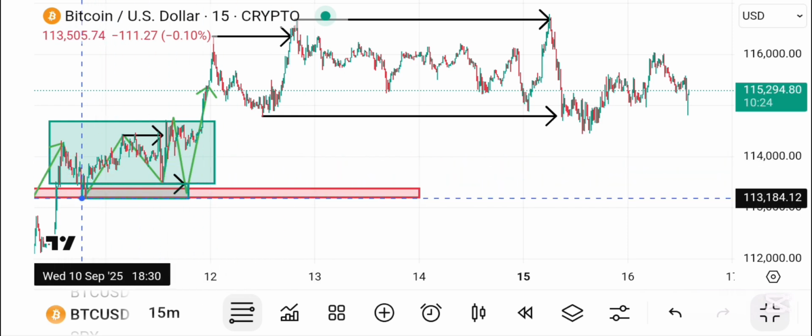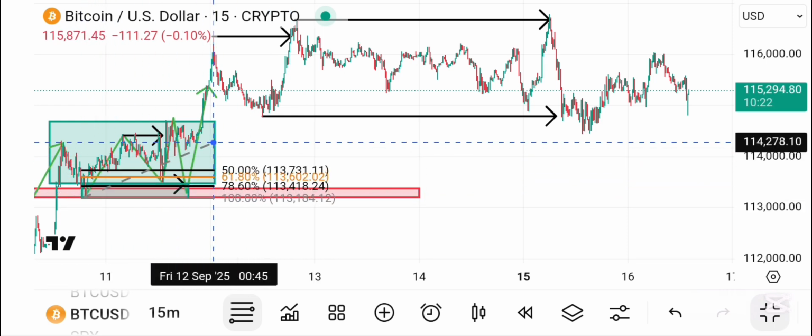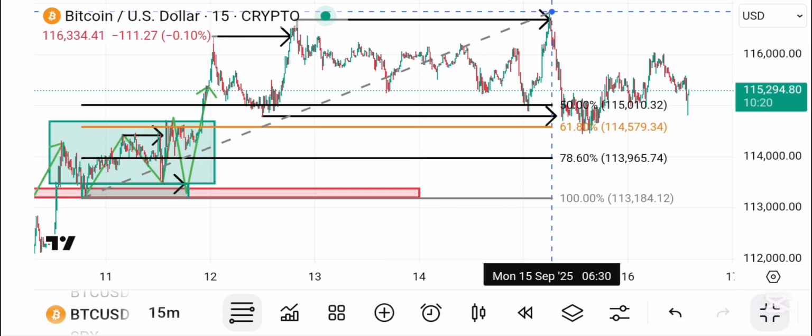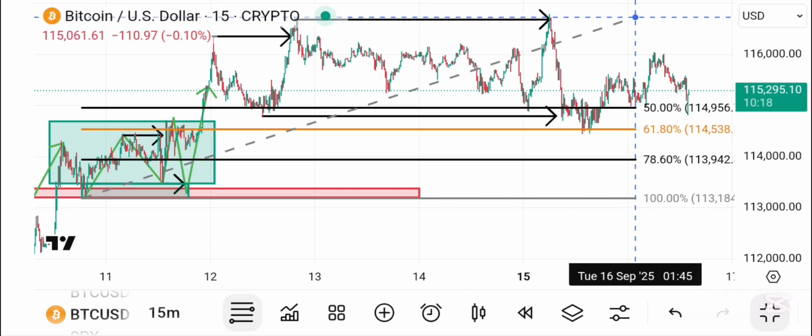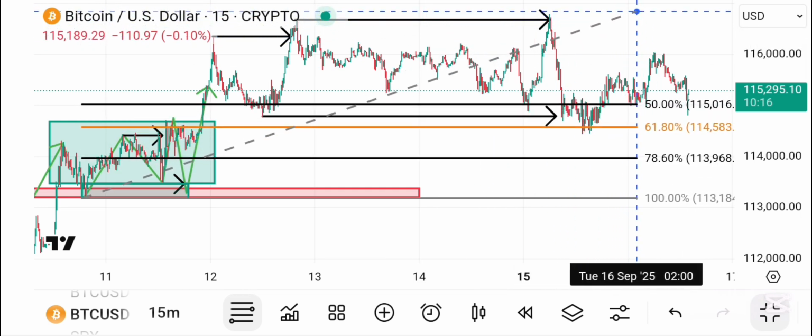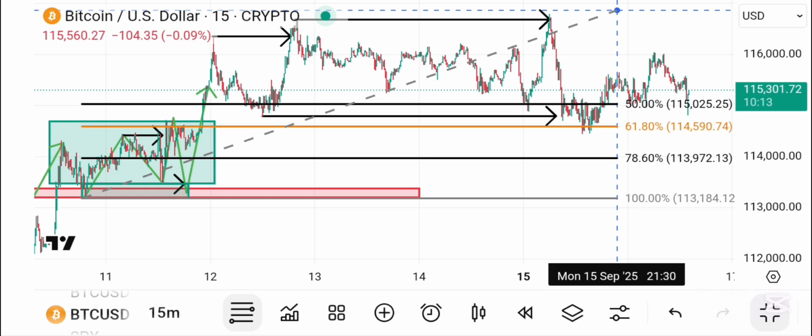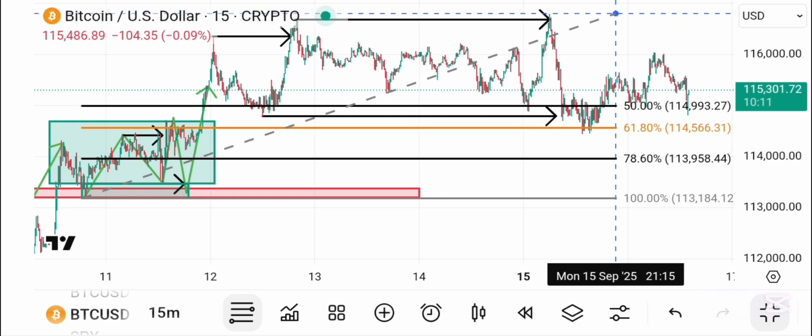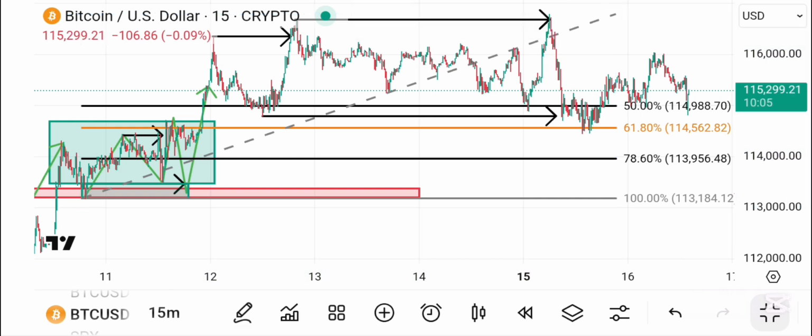For instance, we use the Fibonacci retracement tool, extend it from the bottom to the top of the range, just like this. I'm just going to bring you over to the chart so you can see the levels we're mapping out. You can see the values from your right.